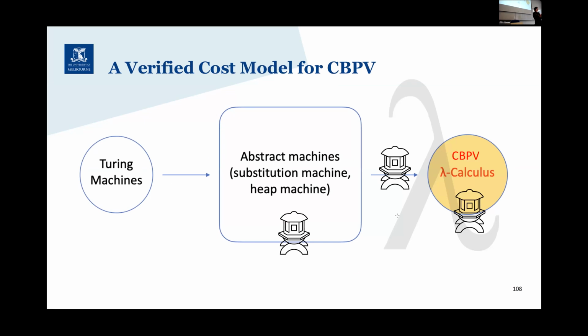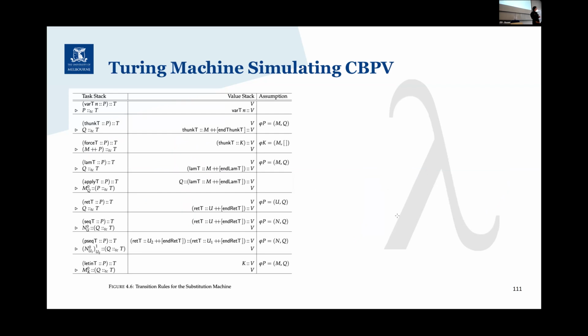Okay, so now we have formalized all these parts. What's left is from Turing machines to the rest of them, and this is in fact done by pen and paper. This is all the rules for the substitution machine.